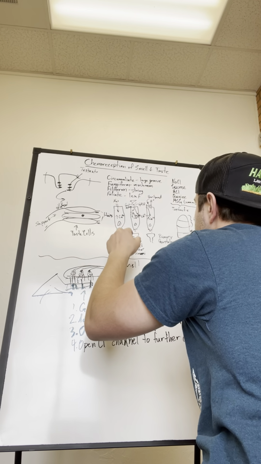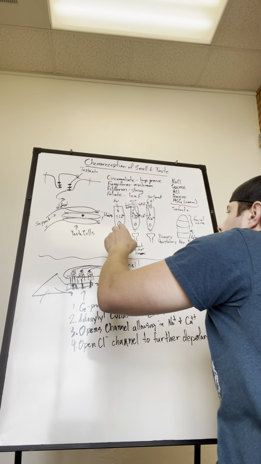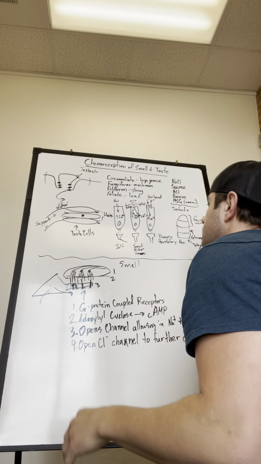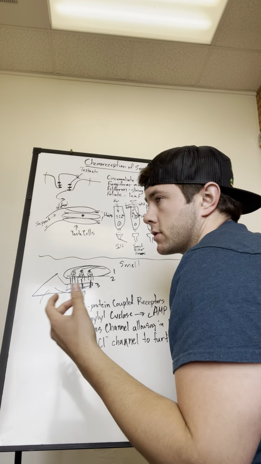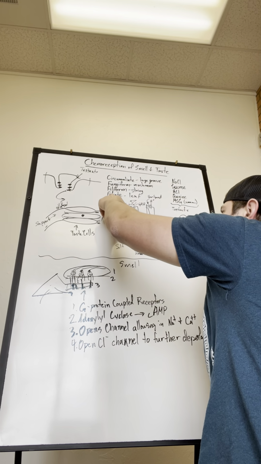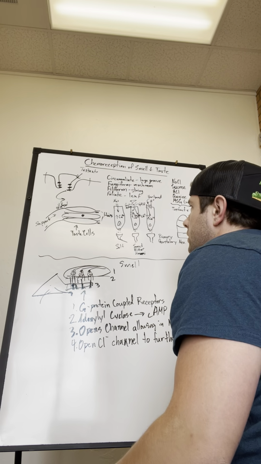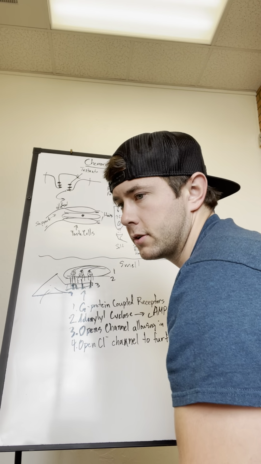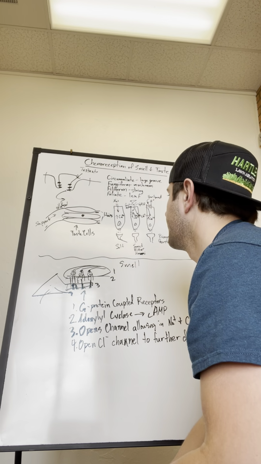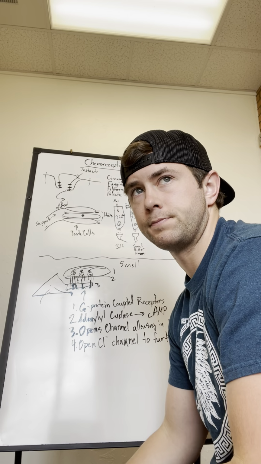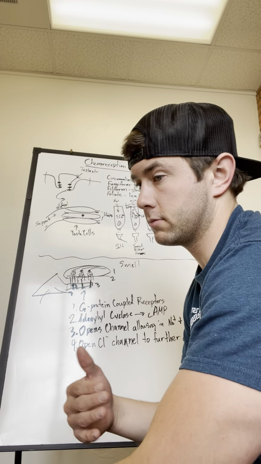So if we move over here, again, these are taste cells. They're just vertical this time. Let's look at our first taste cell, which will be specific to sodium chloride or salty taste. This cell will have a channel for sodium, and if you allow sodium into the cell, you're going to depolarize it, and that's going to open up calcium channels and allow calcium to come into the cell.